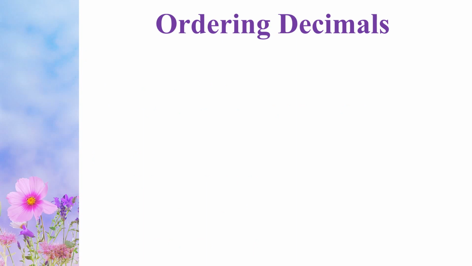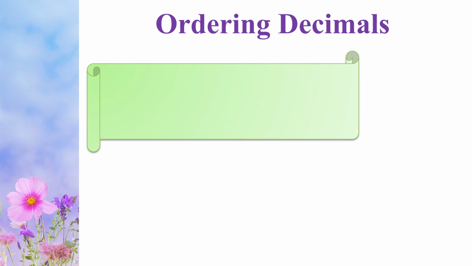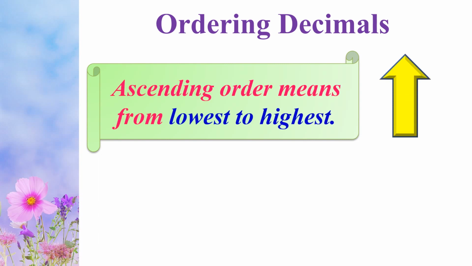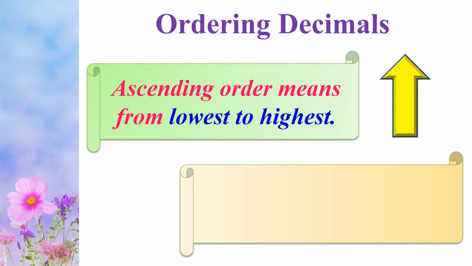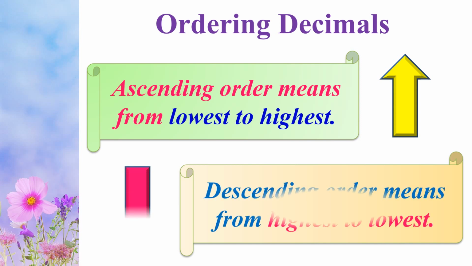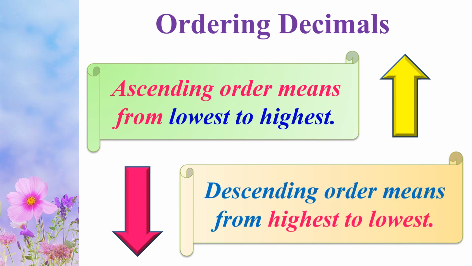Next, ordering decimals. We already know ascending order means to arrange the decimals from lowest to highest. Descending order means to arrange the decimals from highest to lowest.